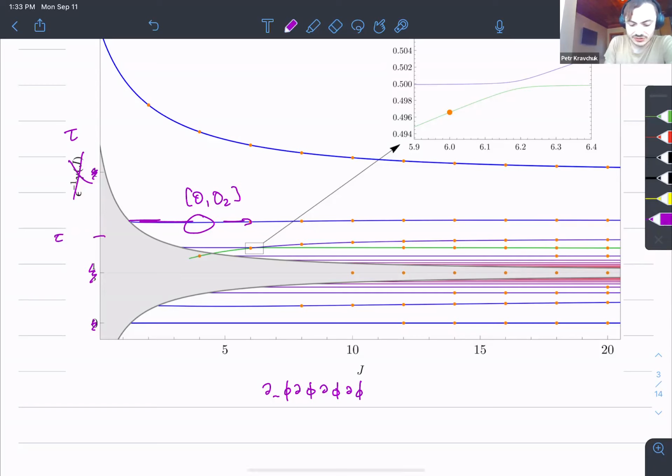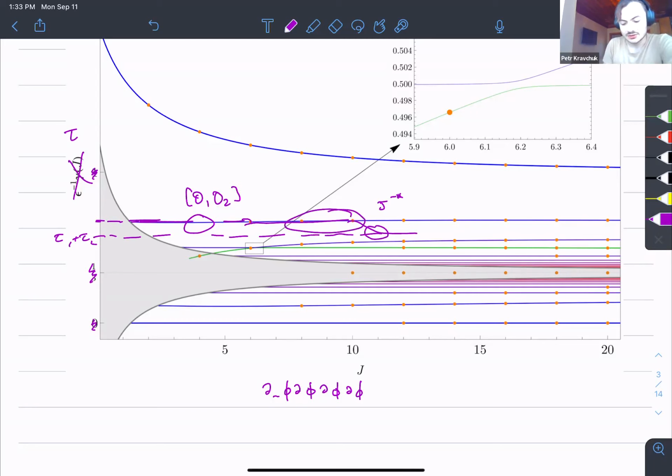And tau1 plus tau2 is, say, here. The trajectory sits at some other value for a long while, and then eventually it transitions to another value. And this approach is this j to the minus some power, whereas the behavior here is not described by this power.